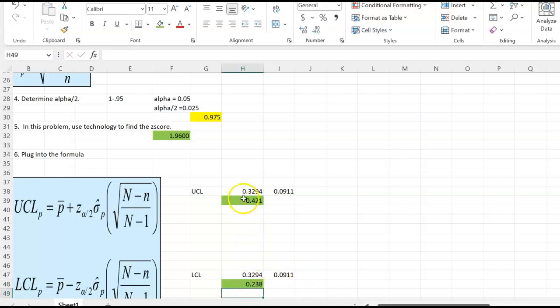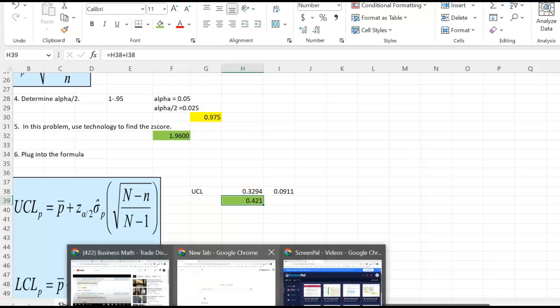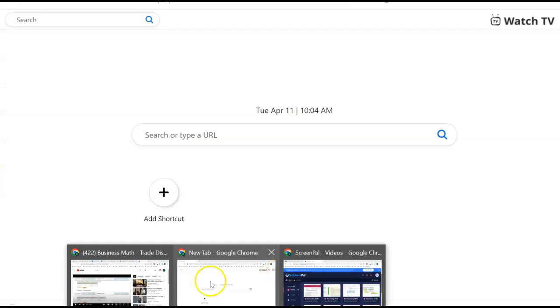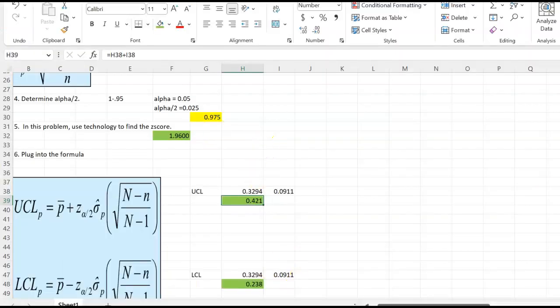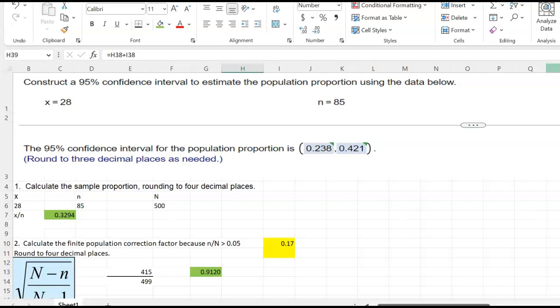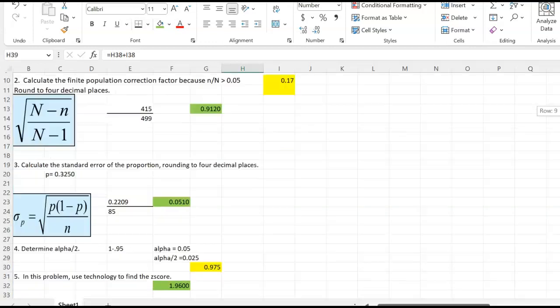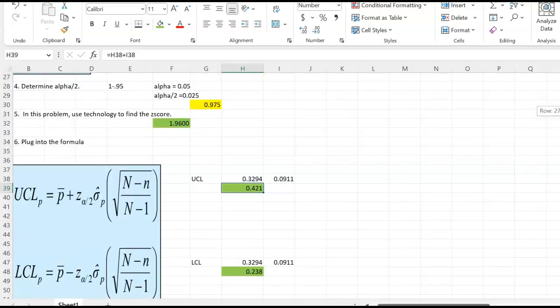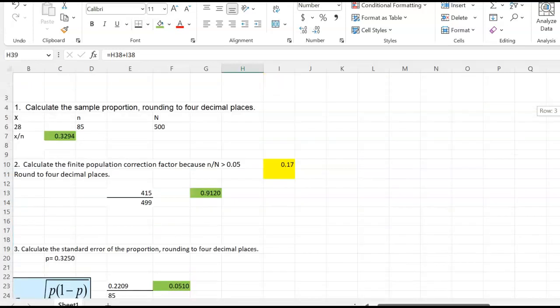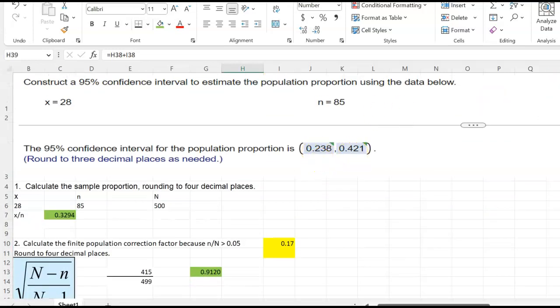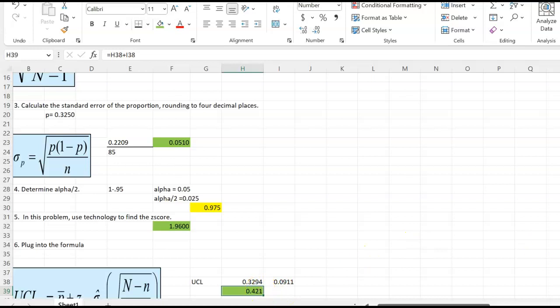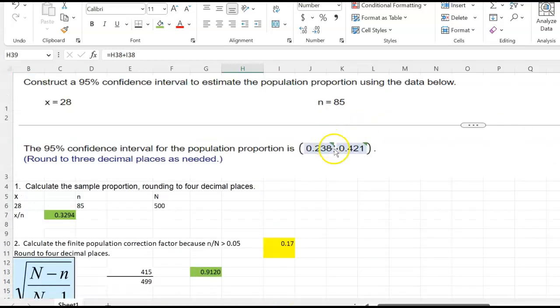I rounded my final answer to 3 decimal places just because the instructions said, it's kind of confusing because it said to round 3 decimal places as needed, but then the view and example rounds to 4. So just to be safe, I rounded to 4. And then I got 0.238 would be the lower, and then 0.421 would be the upper.